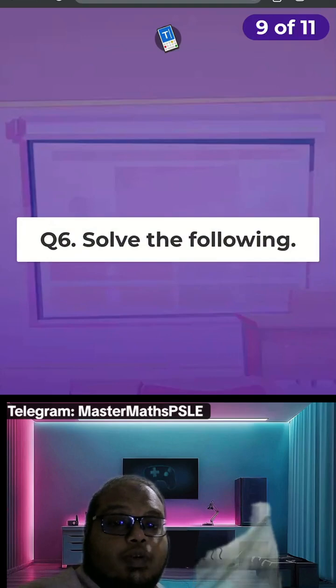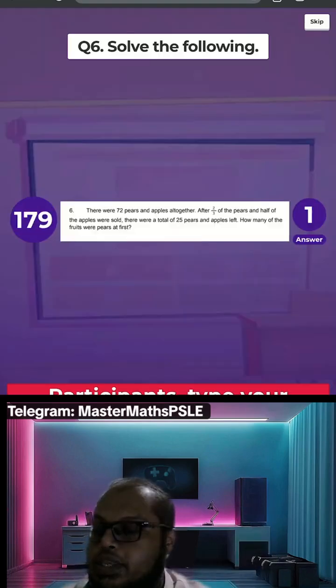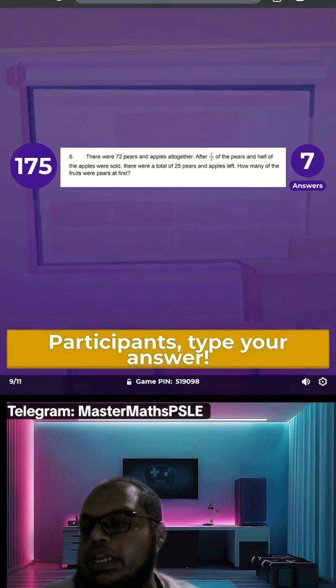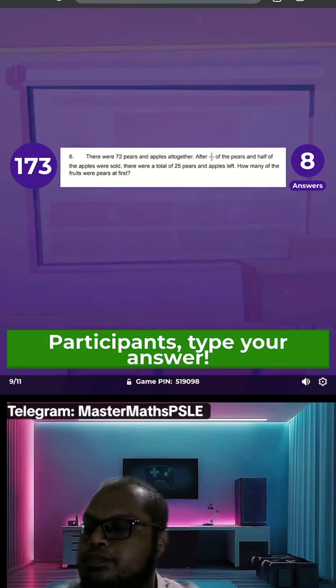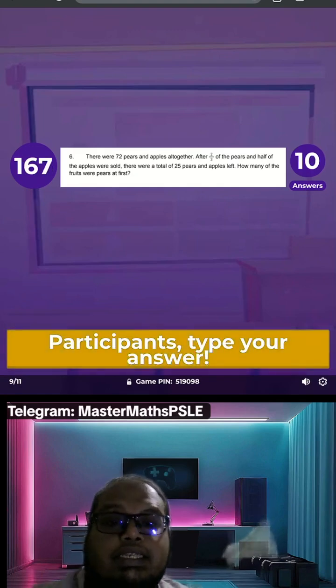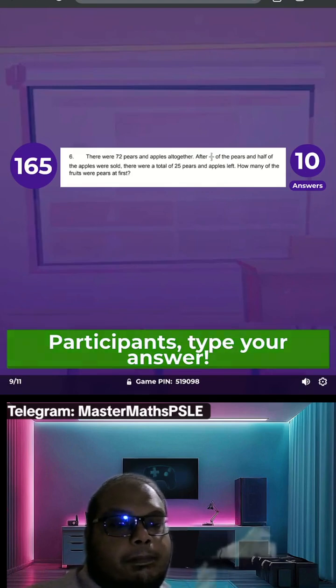Okay, second last question. Another assumption method question. Oh no, this one actually is not exactly assumption method lah.